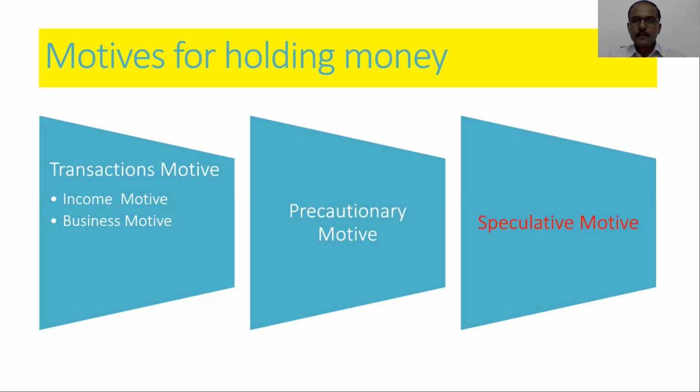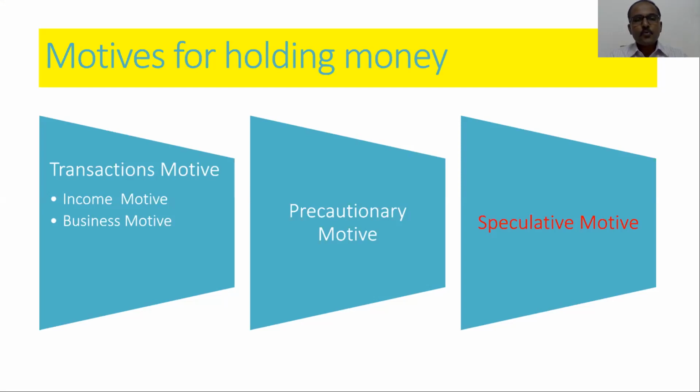So there is a big time interval also. And in that case, they don't know when they're going to receive the next installment of income. And so they will hold money in the form of liquidity with them. That is the motive which is known as the business motive.